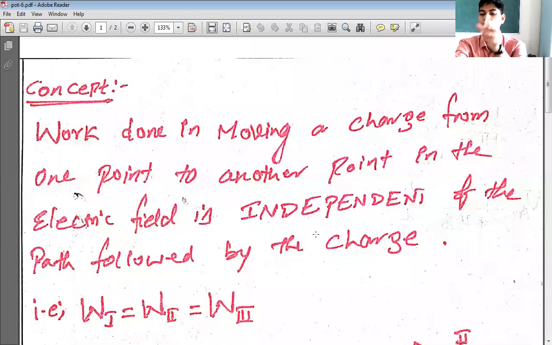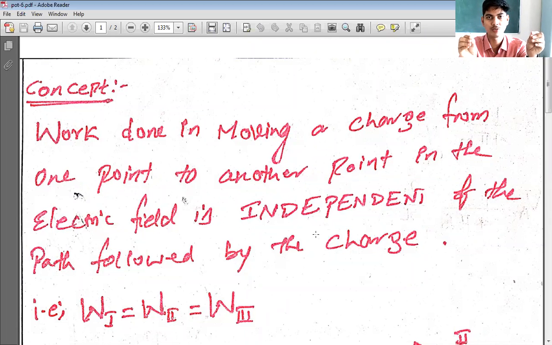You want to move a charge from point A to point B. The work done in moving the charge from A to B is independent of the path in which you take the charge.